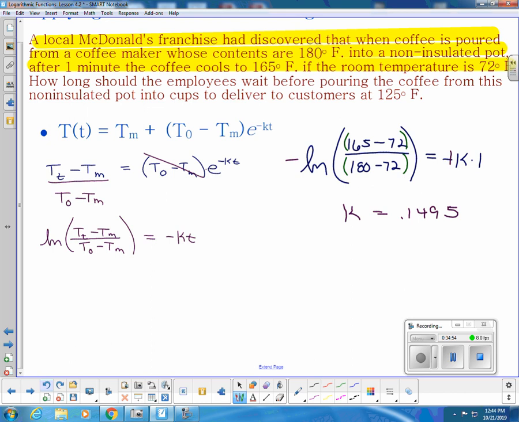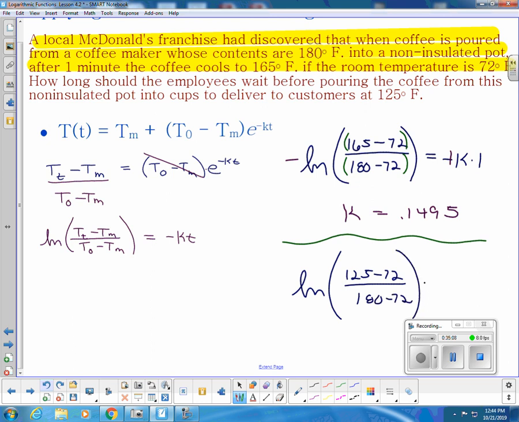Now, we're going to do it again. But now we want the temperature to get down to 125. So it's going to be 125 minus 72 over 180 minus 72. So the only thing we're changing here is the ending temperature.